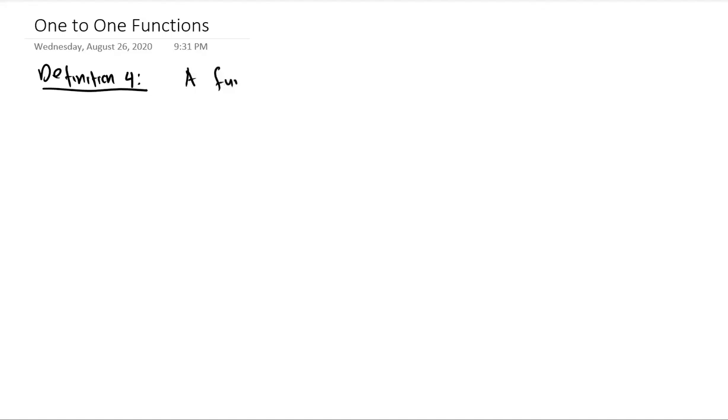A function is one-to-one if every element, so actually let me say a function f, just to keep the notation that we've been using.